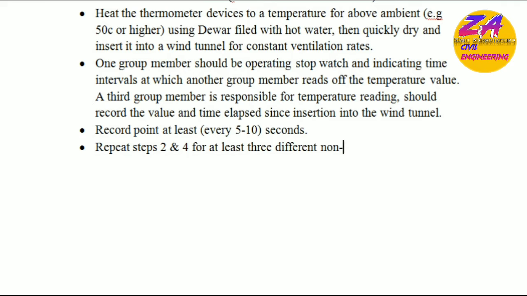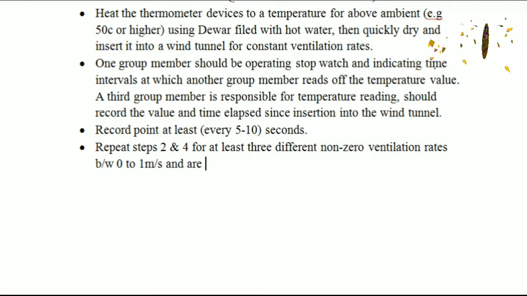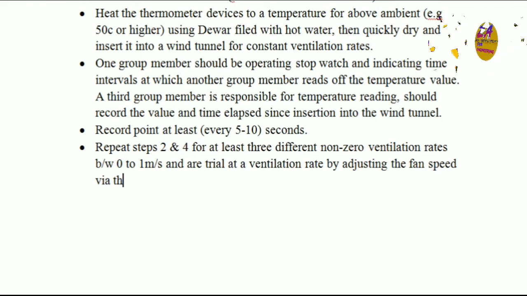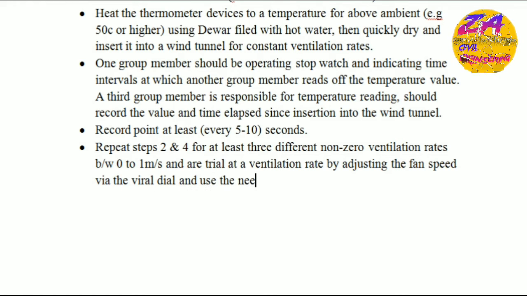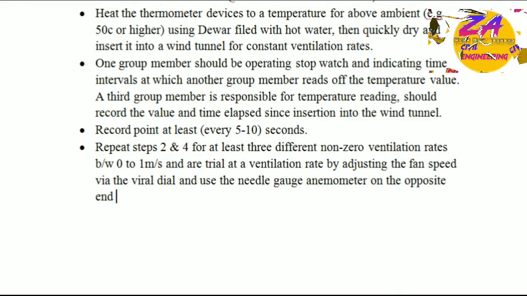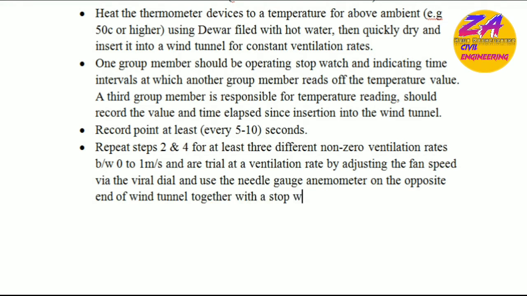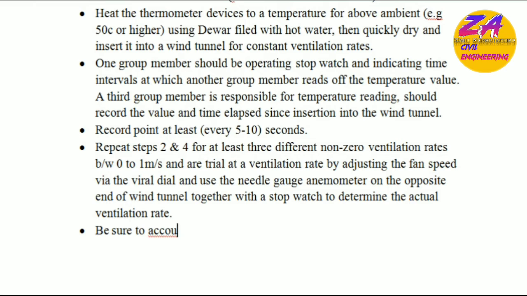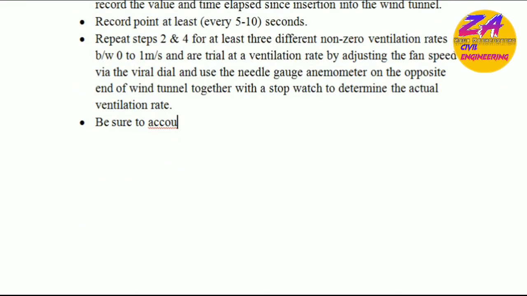Repeat step 2 or 4 for at least 3 different non-zero ventilation rates between 0 and 1 meter per second. For each trial, set the ventilation rate by adjusting the fan speed via the rheostat dial and use the needle gauge anemometer on the opposite end of the wind tunnel together with a stopwatch to determine the actual ventilation rate.